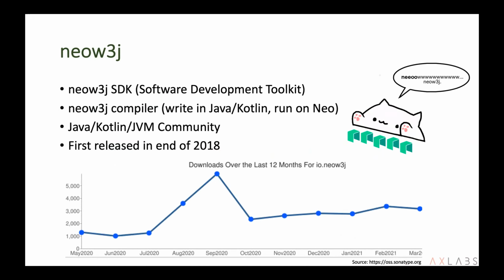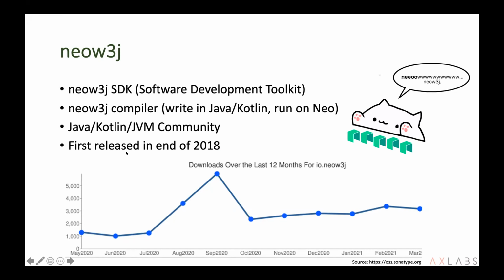It has a compiler, the Neo3j compiler, with which you can write Java smart contracts and compile them to the Neo VM. We basically have this Java and Kotlin JVM community, these get-togethers, and if you are a JVM enthusiast, we would like to hear from you. So drop us a line, tell us what you're building. We can support you in some way.